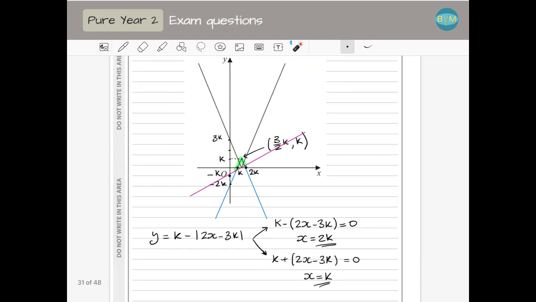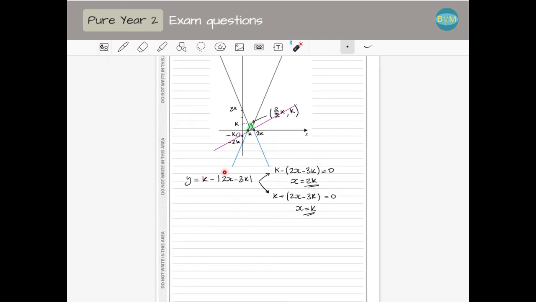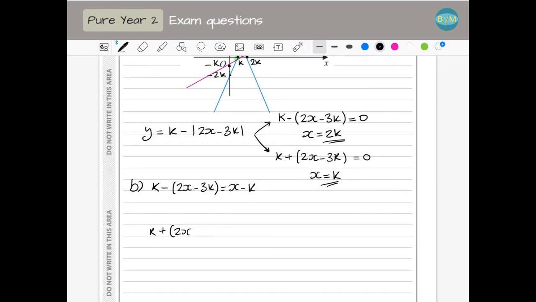To find the points of intersection, I'm going to do something very similar to this. I'm going to get my two functions and use the plus and the minus for the absolute value. So I'm going to make my function with the minus at the front equal to my line, and the function with the plus at the front equal to my line.